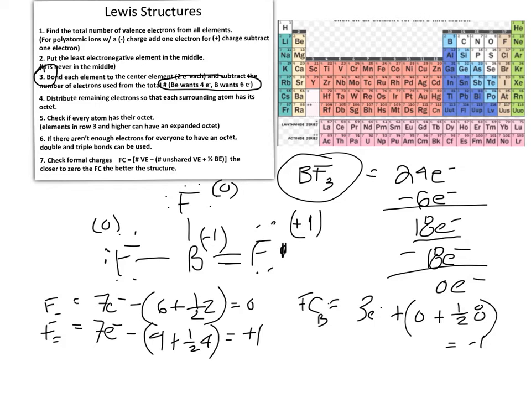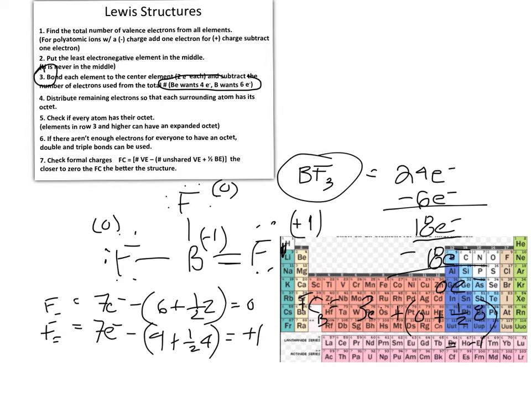They're both happy with an insufficient, less than 8 octet. So the structure that we would actually be looking for will be a BF3 molecule with single bonds. We can just look at this real quick. The structure would look just like this.